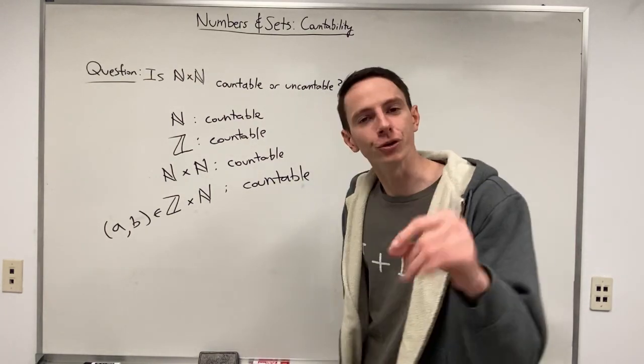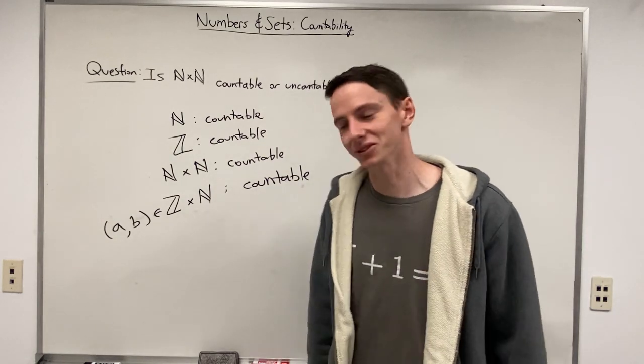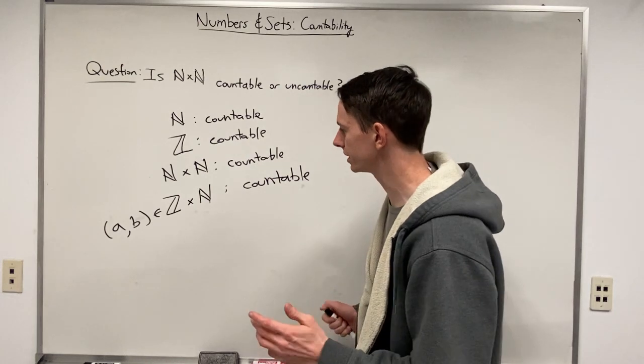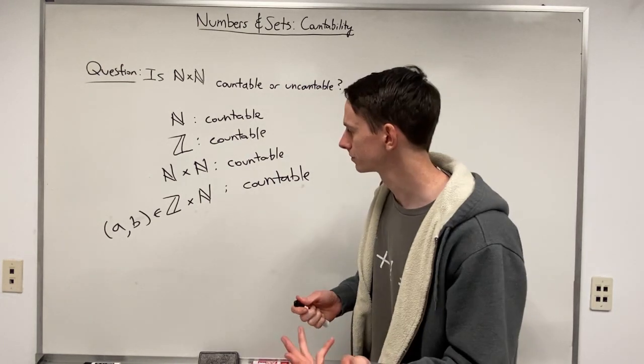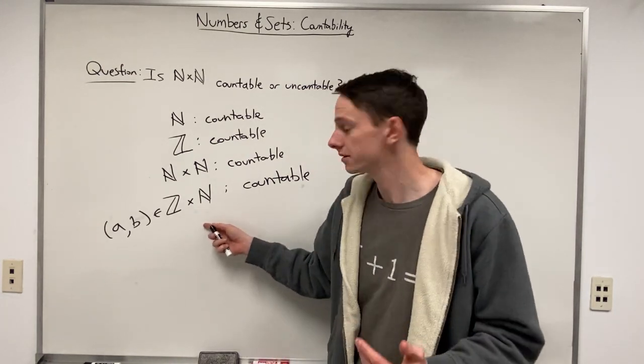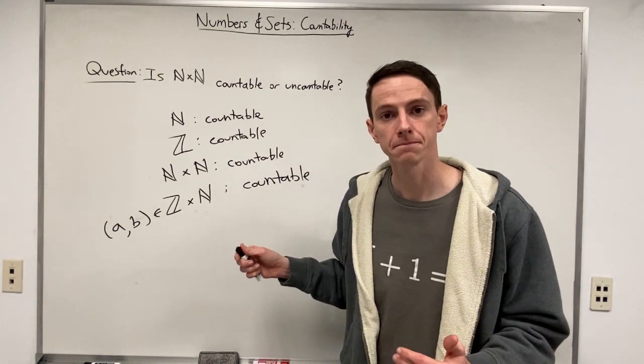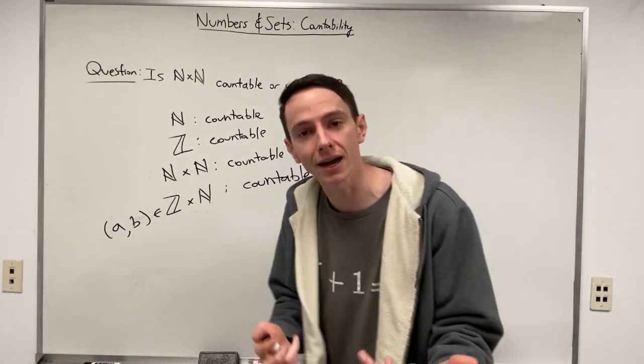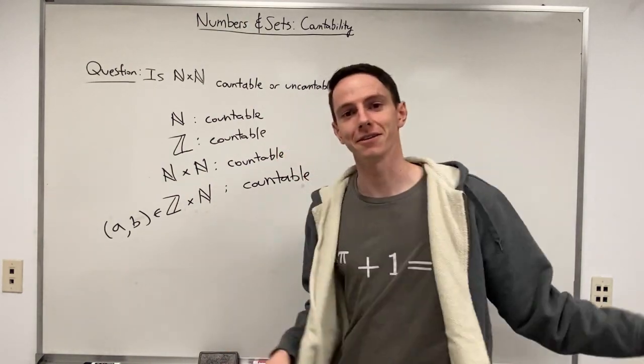But if you remember some of the specific details of that video, the rationals were simply the equivalence classes of this set of z cross n. All right?